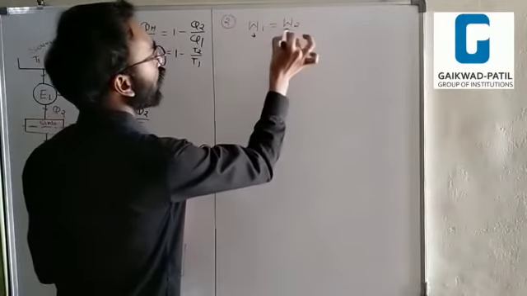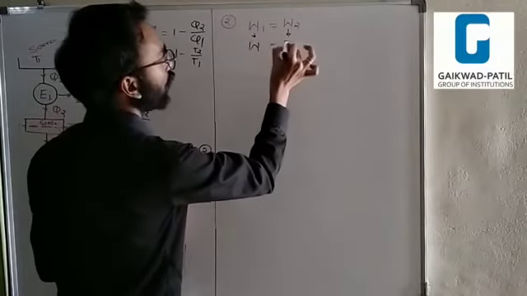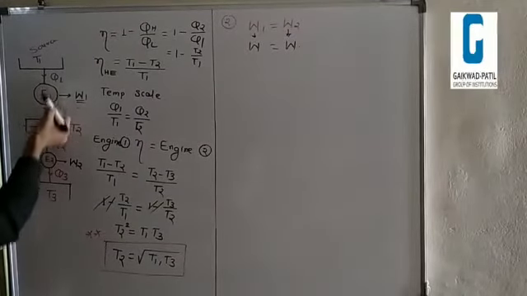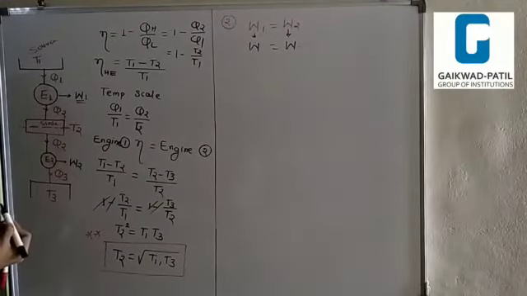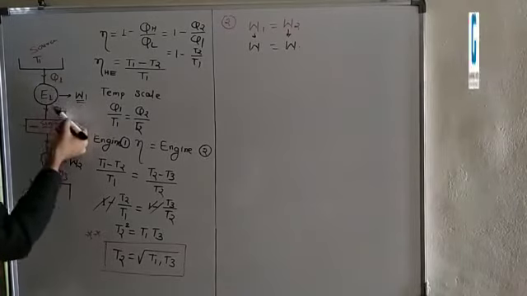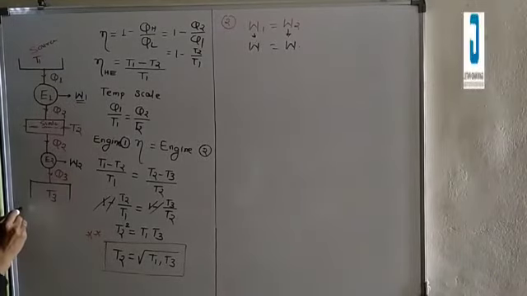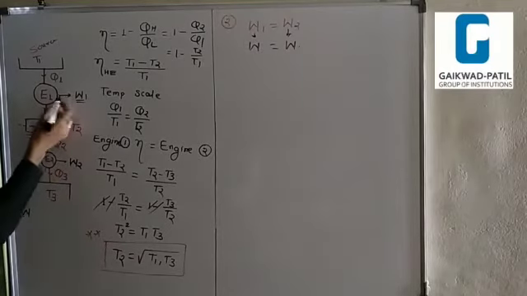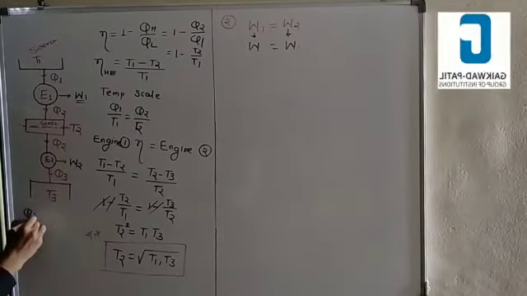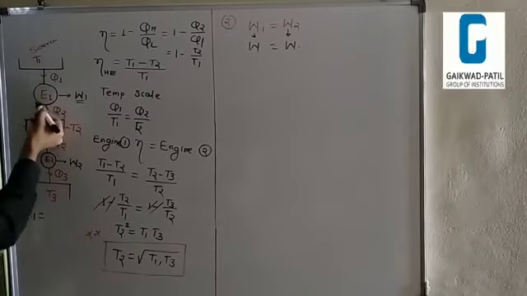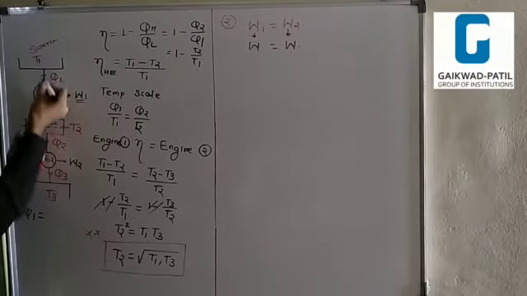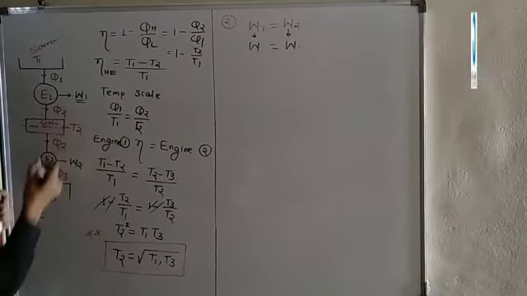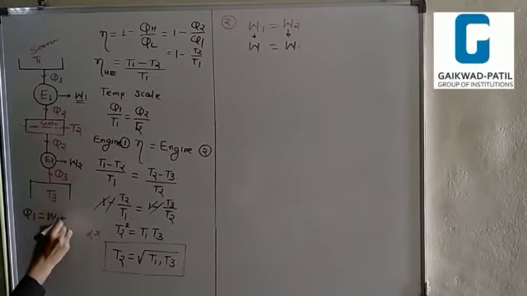जब दोनों का वर्क आपका सेम हो जाएगा तो आप क्या लिख सकते हो, the work done is nothing but the difference between these. What will be the work done? Inside is equal to outside. जितना आ रहा है उतना ही बाहर जाएगा. तो Q1 आ रहा है इस इंजन के ऊपर, बाहर कितना जा रहा है, W1 plus Q2.